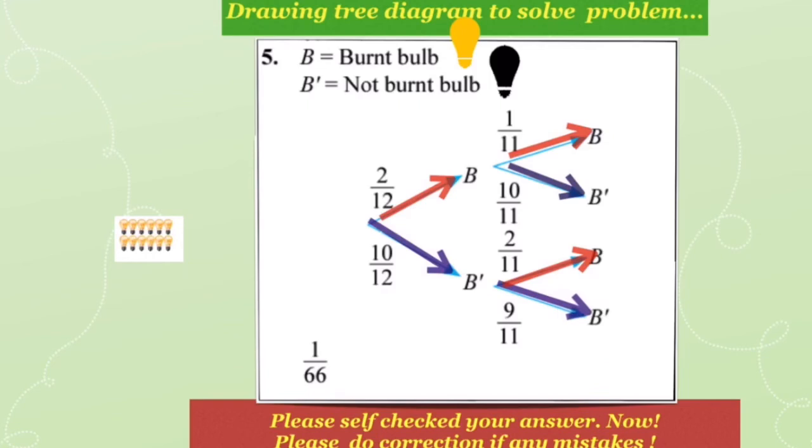You notice that if it is the same, burnt and burnt, the sample space reduces and the number of burnt bulbs also reduces. If they are the same, up and down reduce by 1 for the second time. So this is a tree diagram. Make sure you label your tree diagram accordingly.